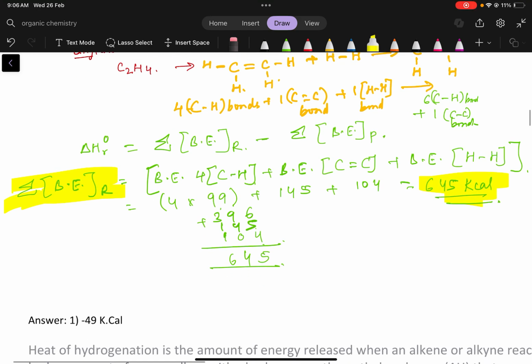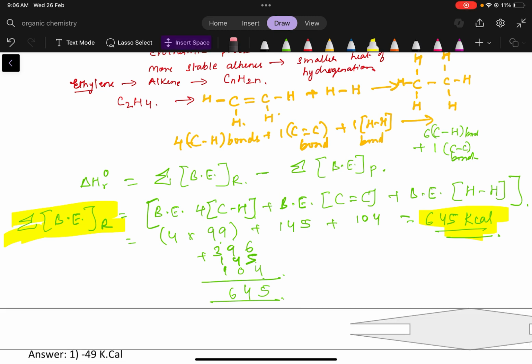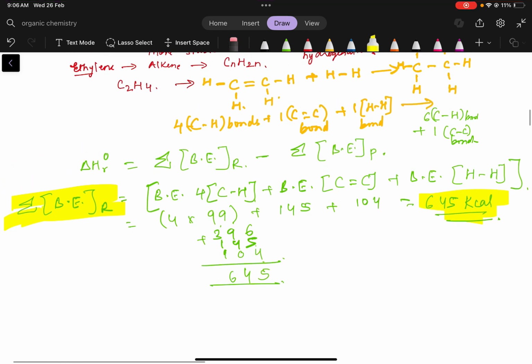Now let's look at the bond energy of the products. On the product side, we have ethane.